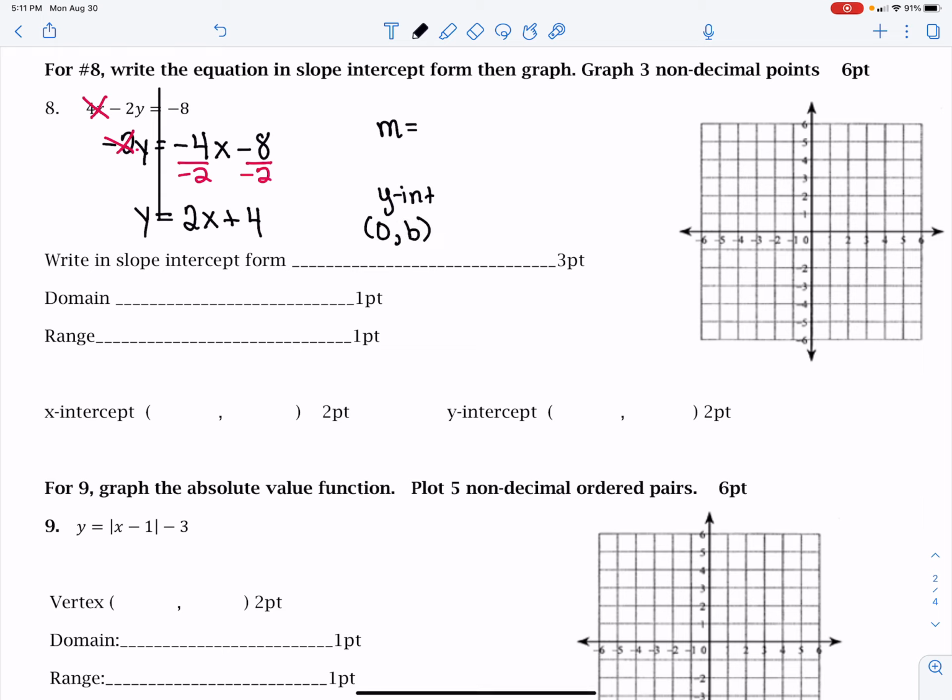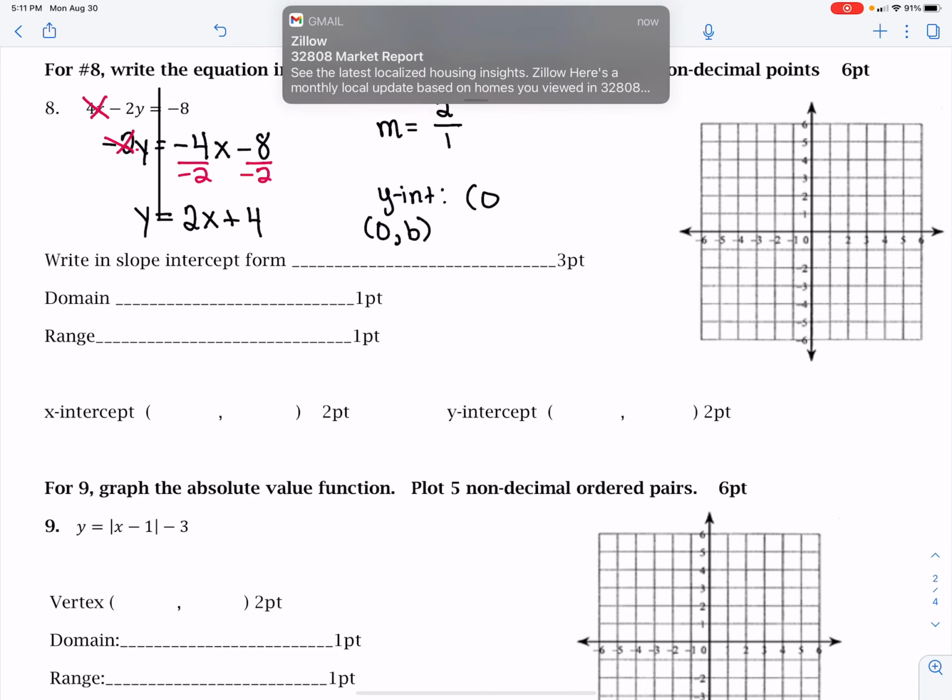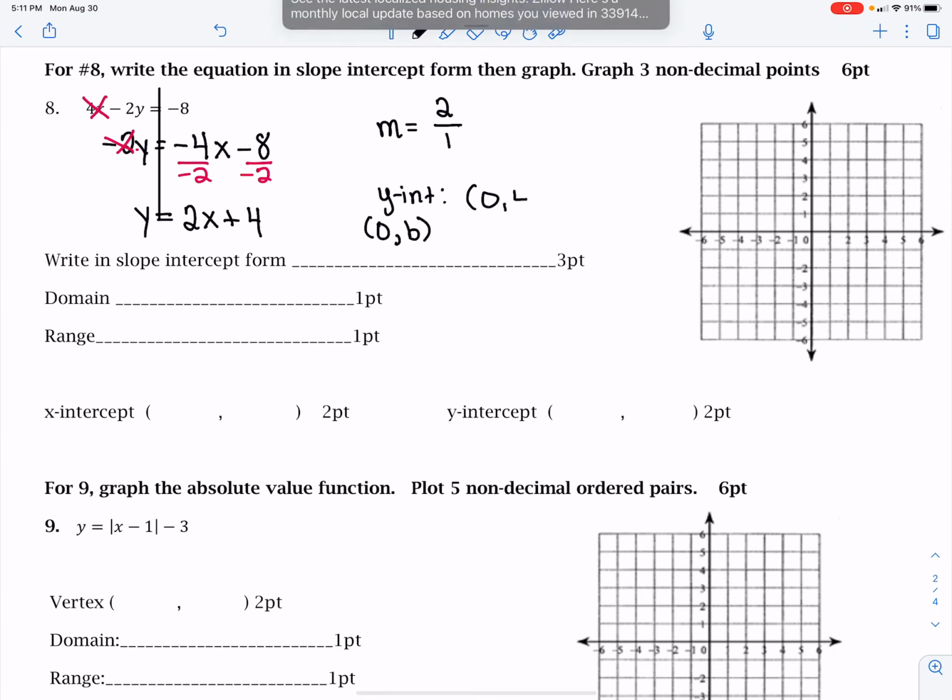Okay. So my slope is, currently it's just 2, but since I like it a fraction, I'm going to put 2 over 1. And my y-intercept is 0, comma, 4. So it's going to go up 2, right 1, and it's going to start at 4.